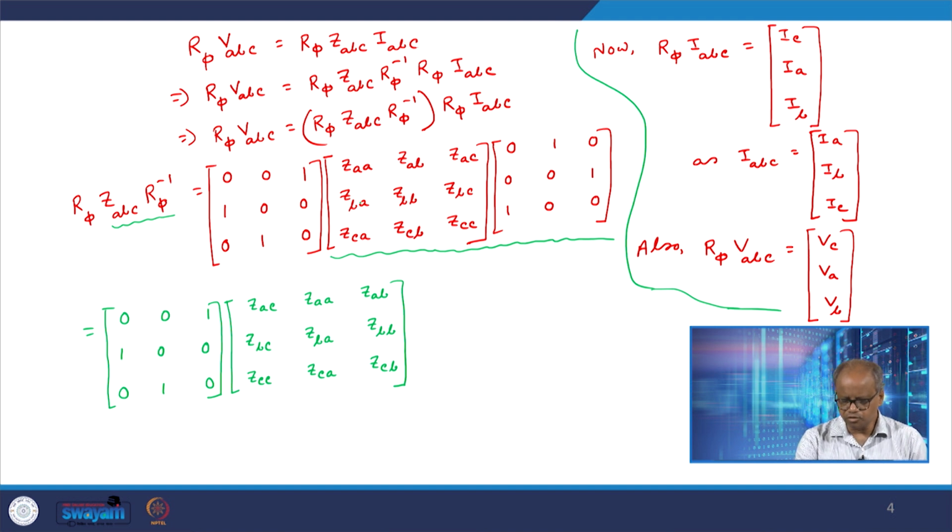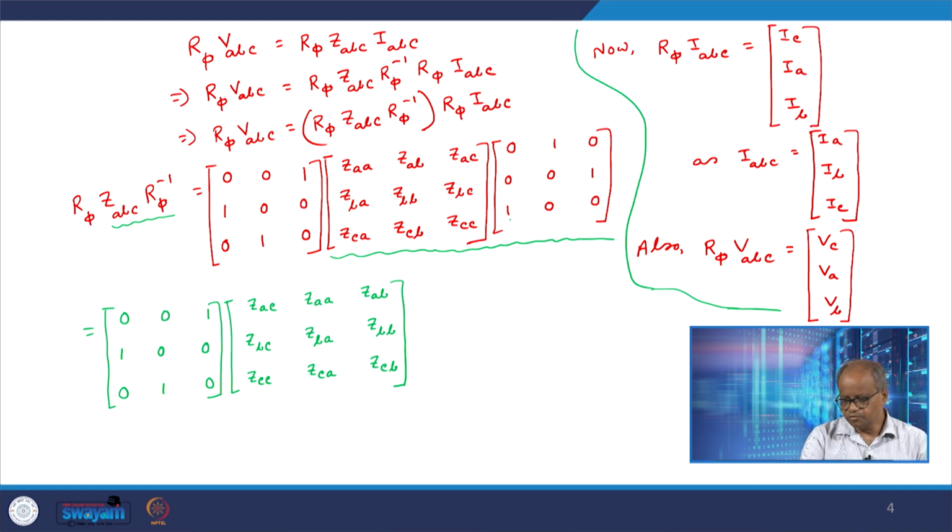The first column, Z_AA, Z_BA and Z_CA, has come into the second position, and the second original column, Z_AB, Z_BB and Z_CB, has come to the third position.